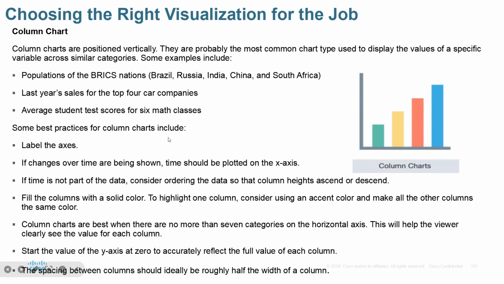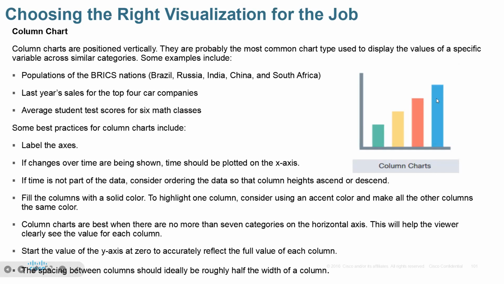So some best practices: make sure that you label the axis. These are the axes. This is the x-axis and this is the y-axis, right? Then fill the column with a solid color, so we are able to differentiate, like what I was doing on Tableau yesterday in the previous training, in series 3.